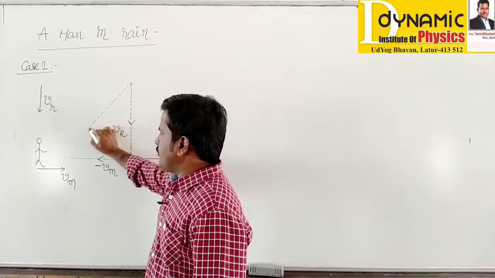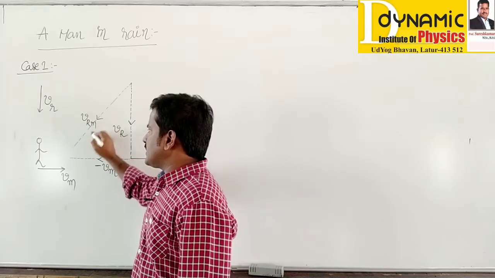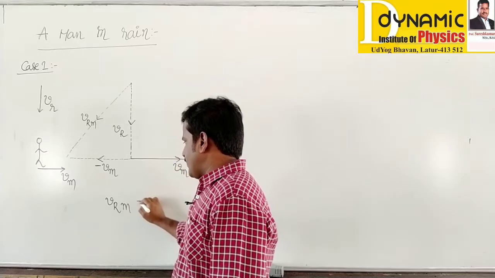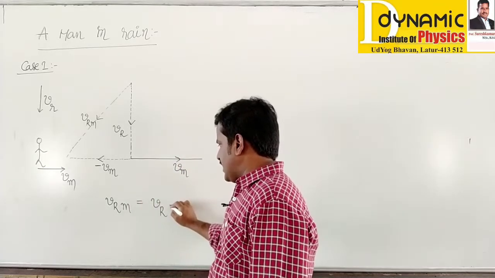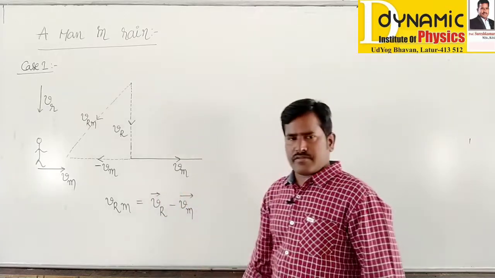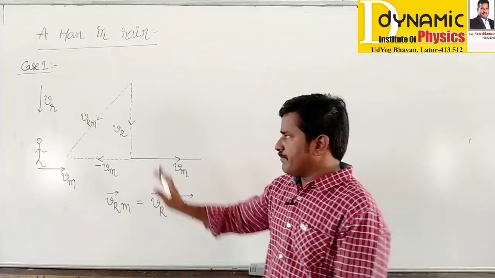The relative motion of rain with respect to man, V rain with respect to man, is written as Vr minus Vm. So this is the velocity of rain with respect to man. Very simple condition.